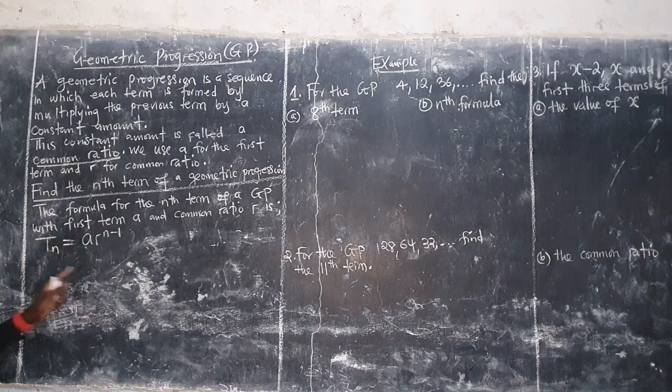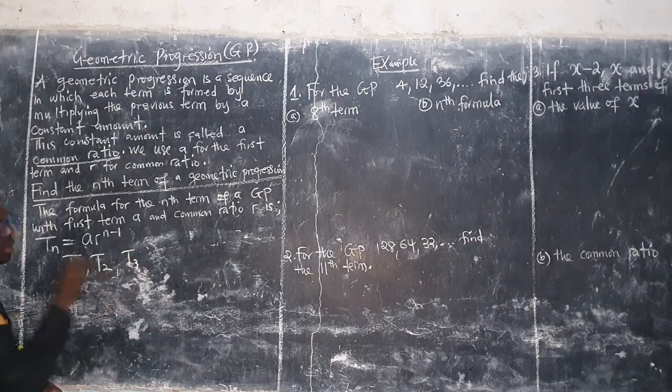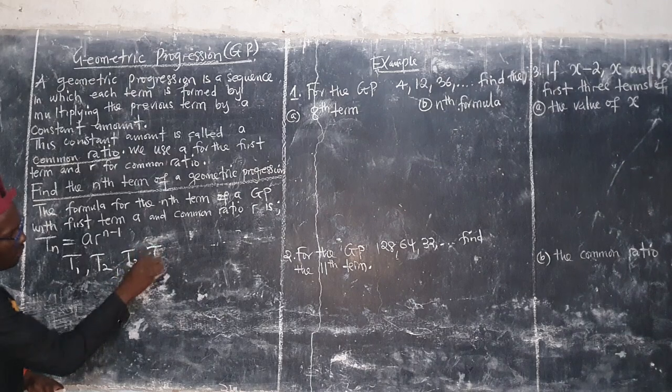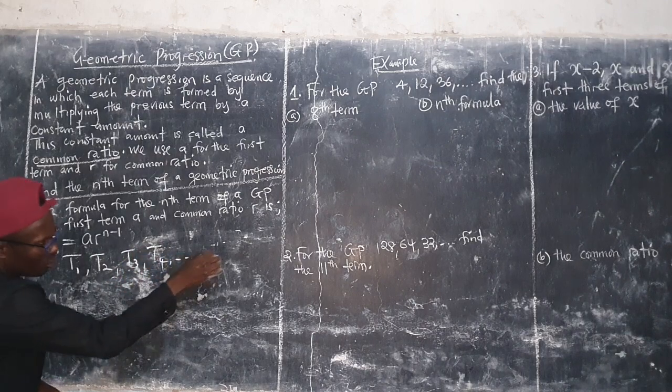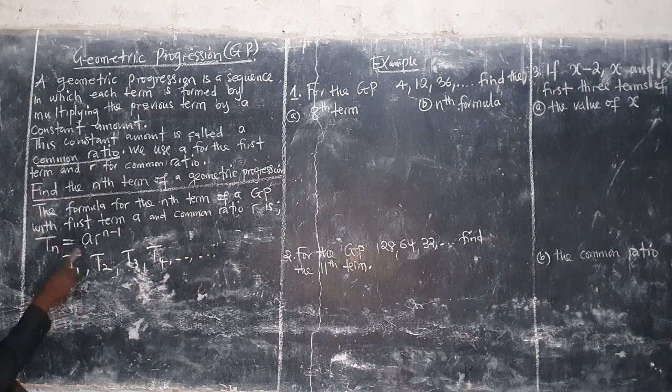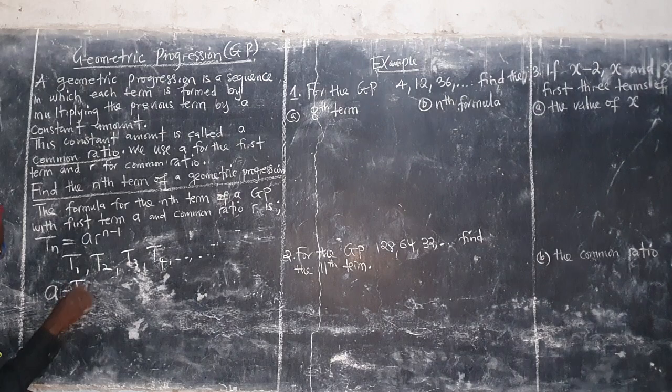Now suppose you have T1 as the first term, T2 as second term, T3 as third term, T4 as fourth term, and continue. This T1 represents the first term. So I'll say the first term A is equal to T1. Are we okay there?